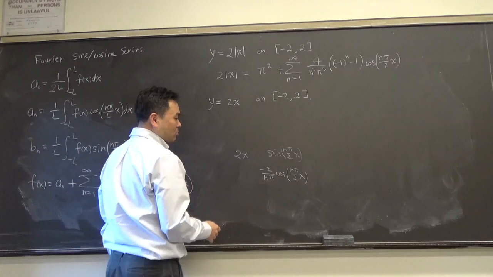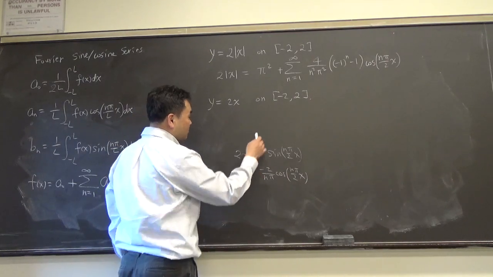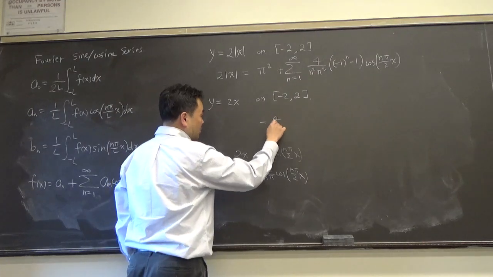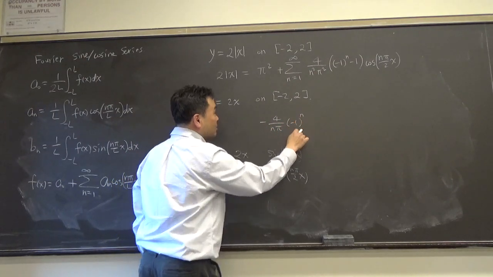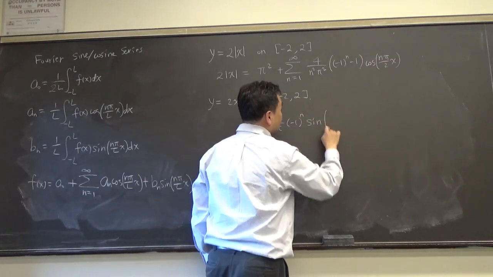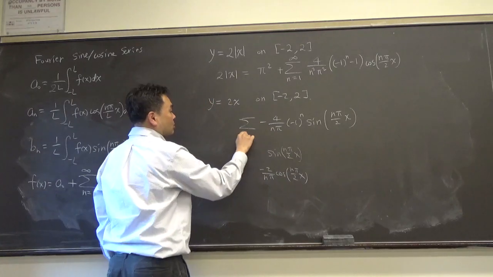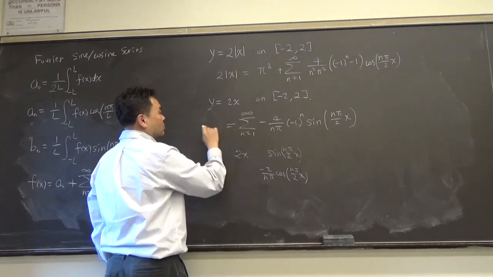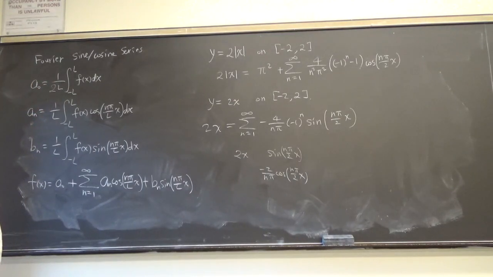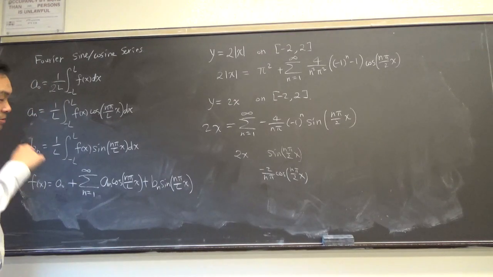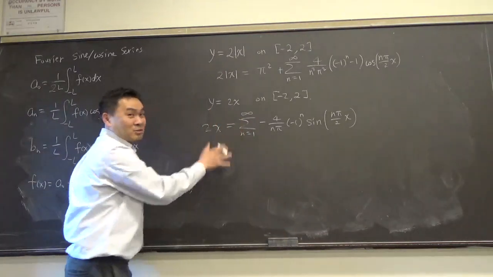The other signs will disappear, so it will be negative 4 over n pi, negative 1 to the nth power, sine n pi over 2x, summation n equals 1 through infinity equals 2x. Should be right. Let's just say that I did the calculation. This is what you have.